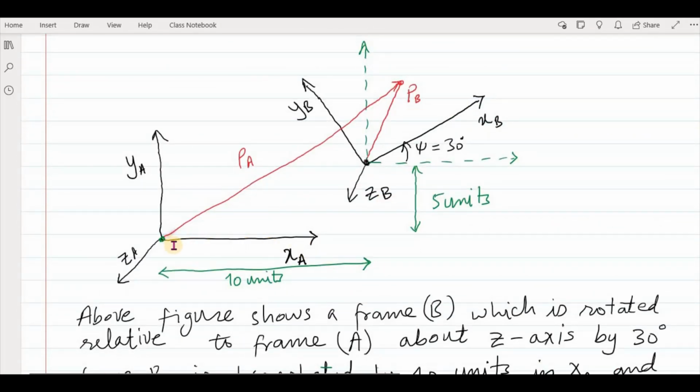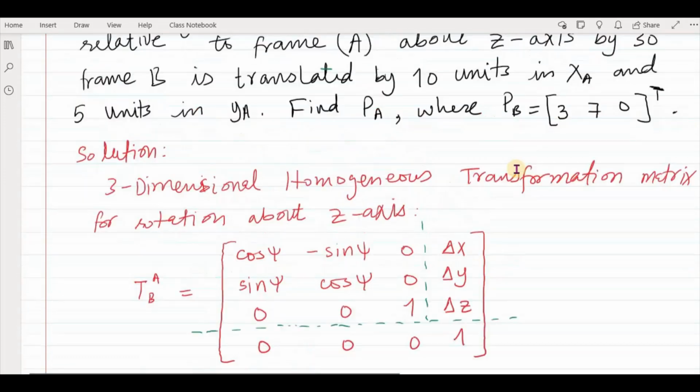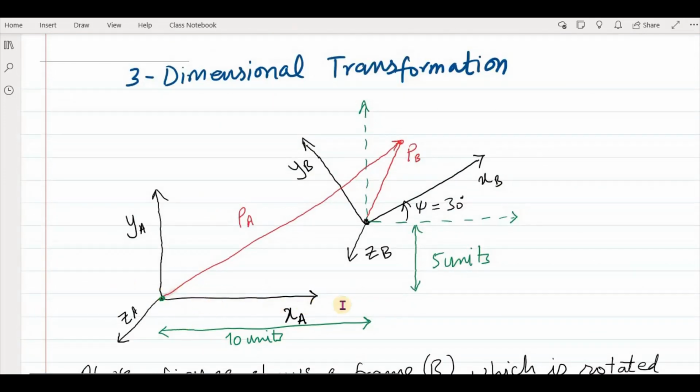So at this point, if you see the position in your frame A, it will be here: 9 along the x-axis, this distance here, and 12.6 along the y-axis.